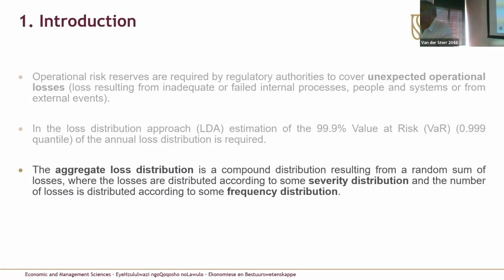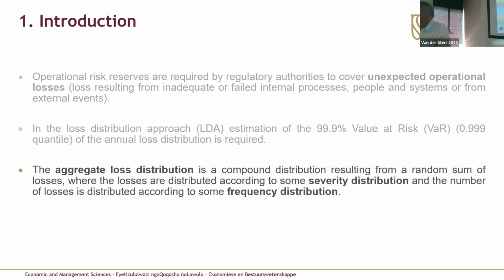Now, what's worked with is the so-called aggregate loss distribution. And it's essentially the same as being used in insurance, short-term insurance. You have a number of claims, stochastic number of claims, and you want to look at the total claim size. Here you have a number of losses, stochastic number of losses, and you want to look at the total loss per year, working on an annual basis.